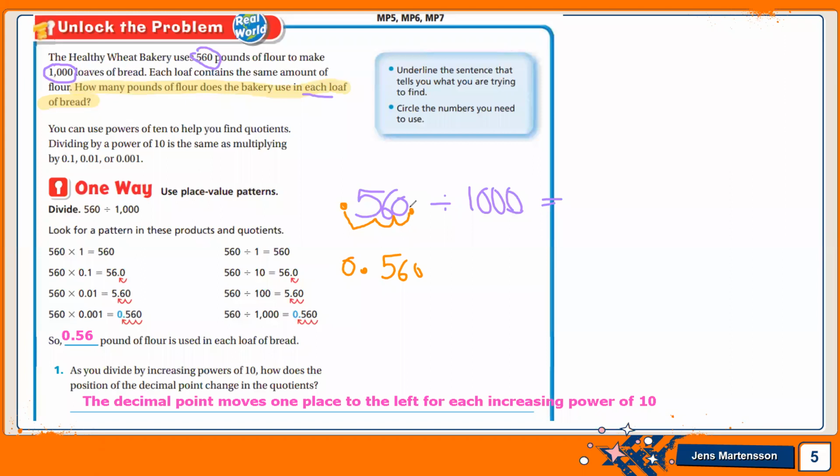See, here you have a division, 560. Here you have a whole number, 560. If you have a whole number, where's the decimal point? Here. Okay. Now dividing, you have to go to the left. How many digits? 3.